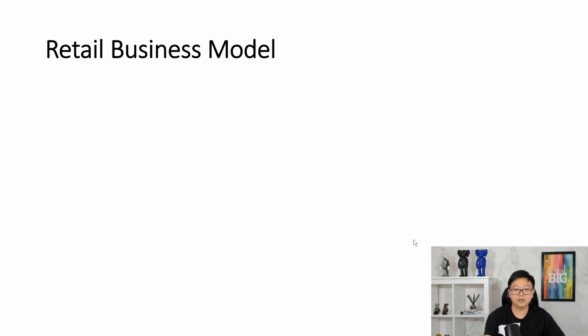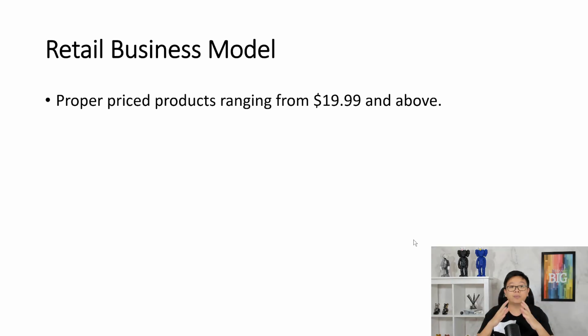This is one of our favorites, because it's properly priced products ranging from $19.99 all the way above. Definitely you could do $9.95 plus shipping, that's fine. Or I've seen people that do really good volume with $16.95, $14.95, or $14.99. This is really up to you.